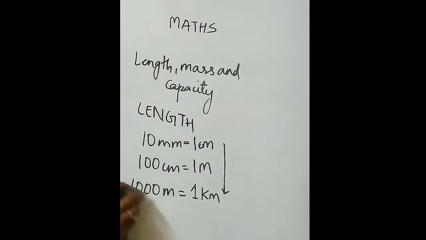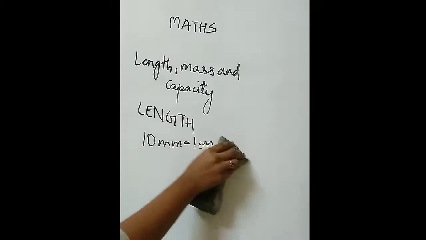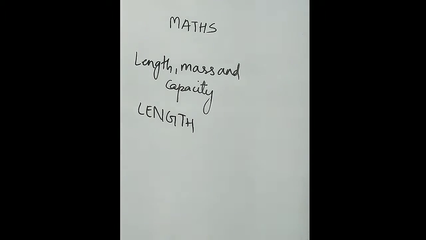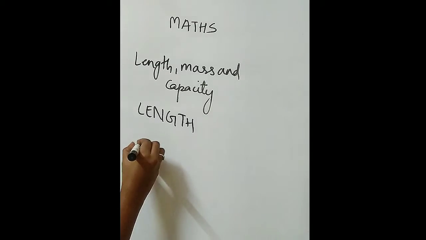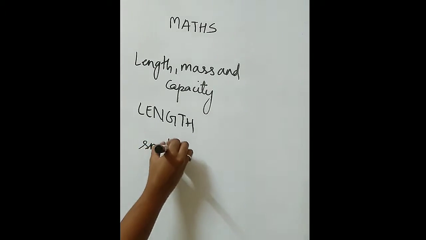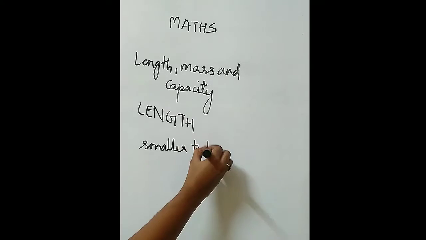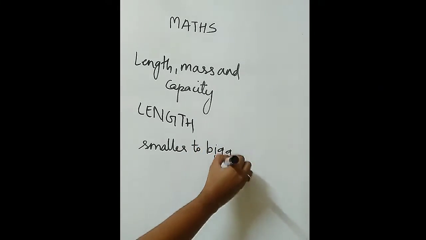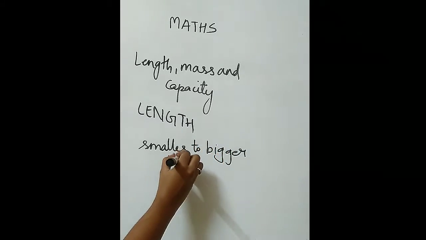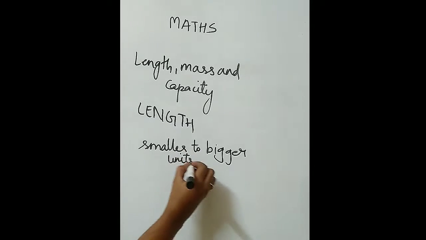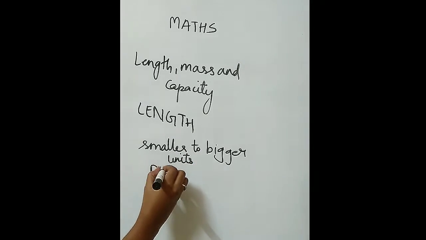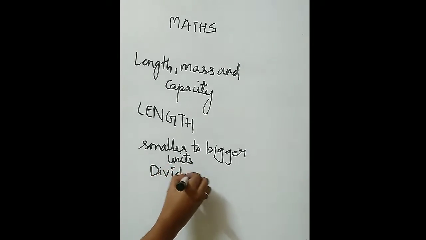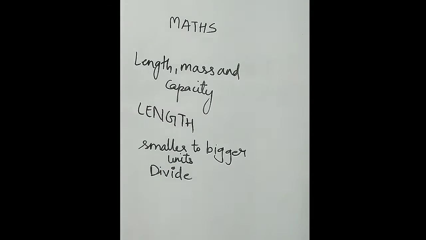Now I'll tell one easy way, students. Always remember, in maths or in any other subject, if you want to convert from smaller to bigger units, then you have to divide. You have to divide with what value? That depends on the unit, students.